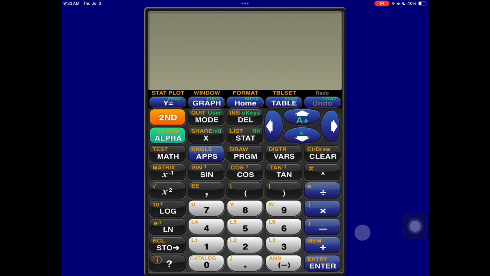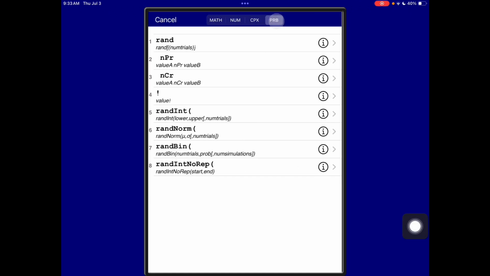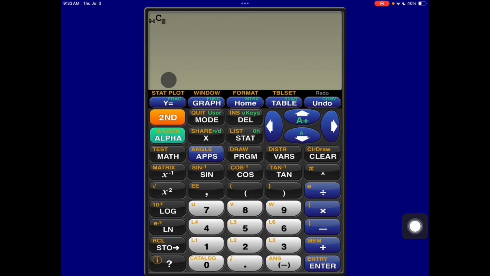On the graphing calculator, I'm going to type in the first digit, which is 94, and go to Math, PRB, our combinations, the nCr. Second digit that we have is a 5. And then again, to get out of that sub part, I'm going to use my right arrow so that it's now a normal spot for the multiplication. So then times. And then the next number that we have is a 6.